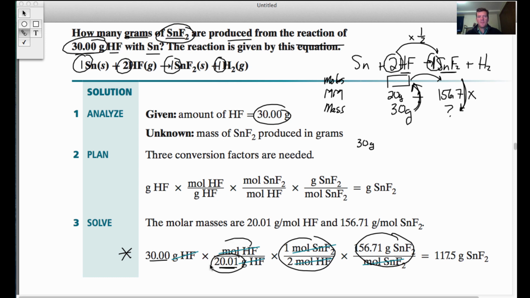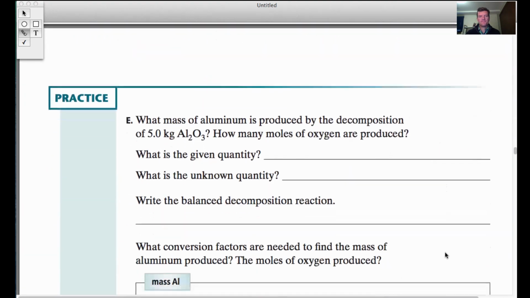Divide by the molar mass of HF to find the number of moles of HF. Then multiply by the mole ratio of SnF2 to HF. Then multiply by SnF2's molar mass right there. And once you've done all that, you will have the correct mass of the SnF2. That's how you do it.